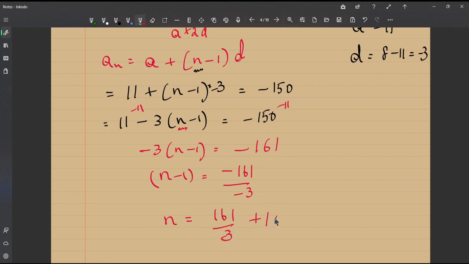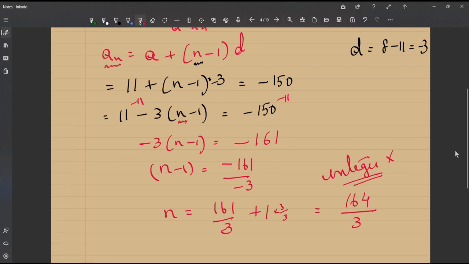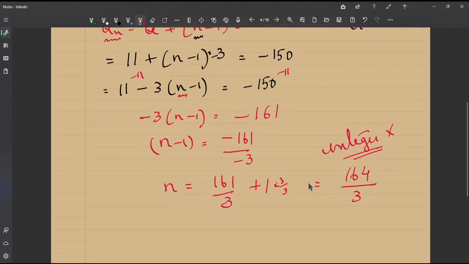So, if you add 1 to 161 by 3, you get 164 by 3. And 164 is not divisible by 3. So, it will not be an integer. So, if it is not an integer, obviously it can't be any AN. That is, there can be no term which is minus 150 in this arithmetic progression.